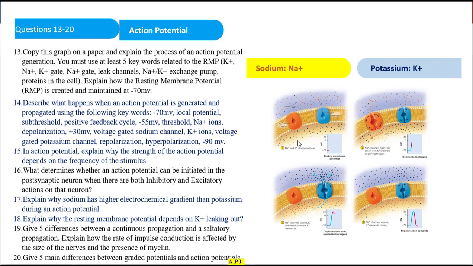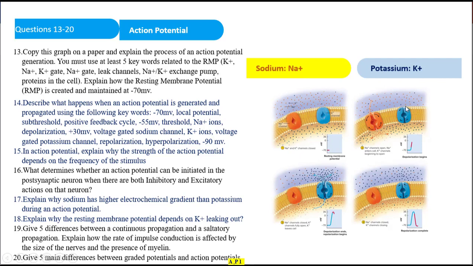Opposites attract. But if you think about potassium, potassium is positive and the cell inside is negative. So potassium wants to stay inside. It doesn't want to come out. That's why sodium feels more like coming into the cell than potassium feels like going out. But guess what?